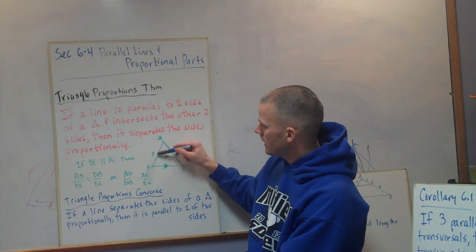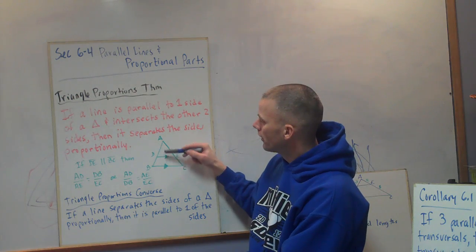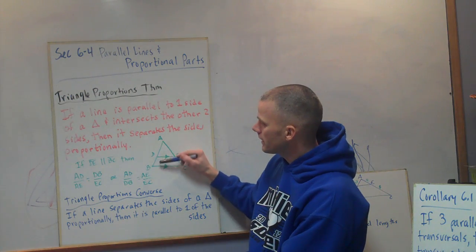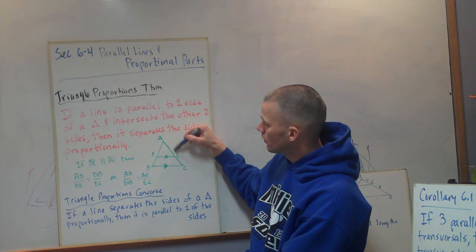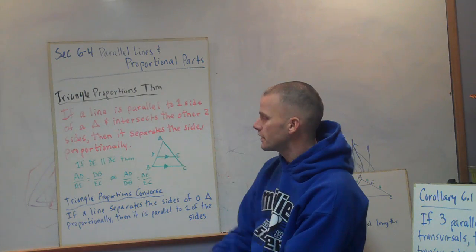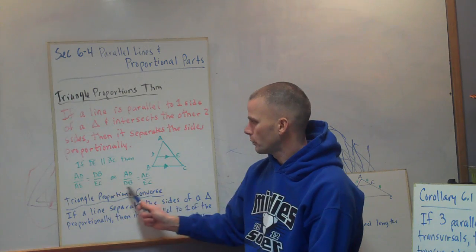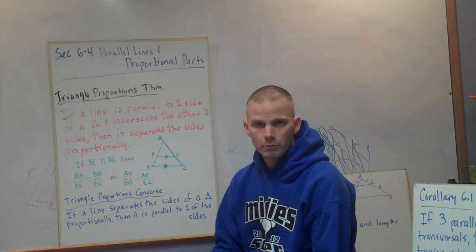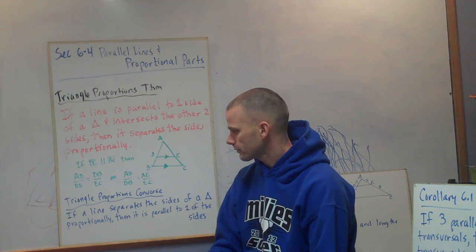So I'm looking at AD, AE, DB, EC, or I could compare segment AD to the bottom portion here, DB, and set that equal to segment AE compared to the bottom portion of the side over here, EC. Either way, notice that what we're cross multiplying ends up being the same thing both times. So we'll show you an example of that a little bit later on.